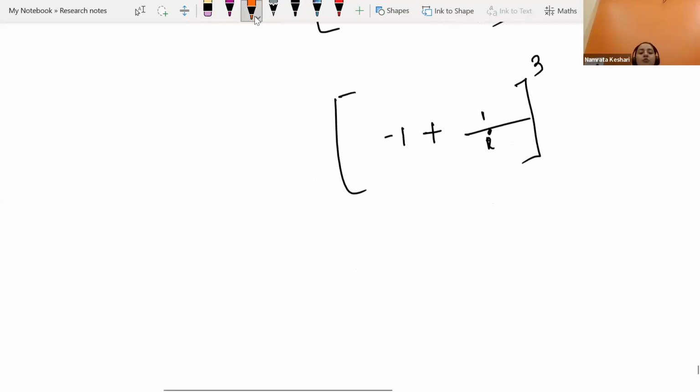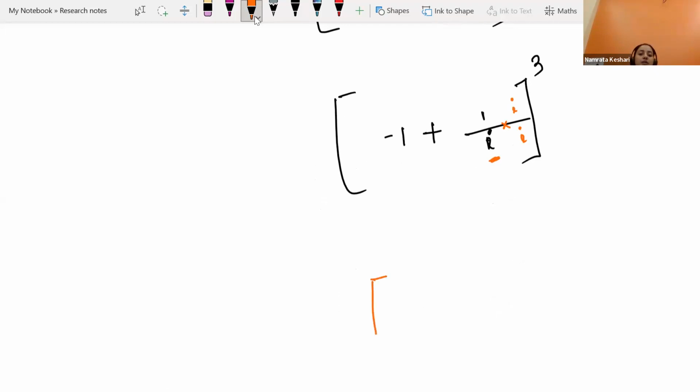Now what will we do? We will try removing i from the denominator, because we know that in the a plus ib format, i is always sitting in the numerator. So is there any way to remove this i from the denominator? Yes, we multiply by i and i over here, which is allowed, since we are not changing anything. Then we will be able to remove i from the denominator.